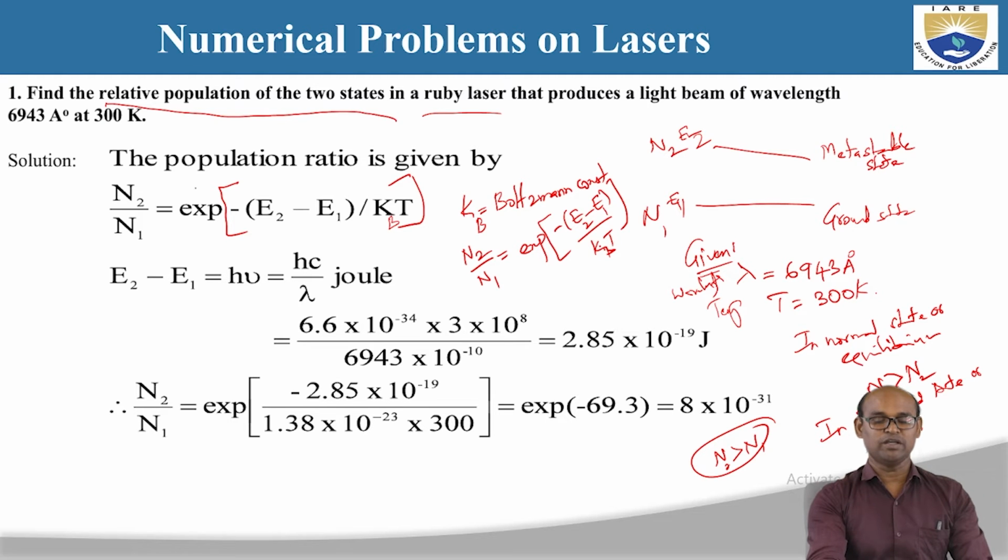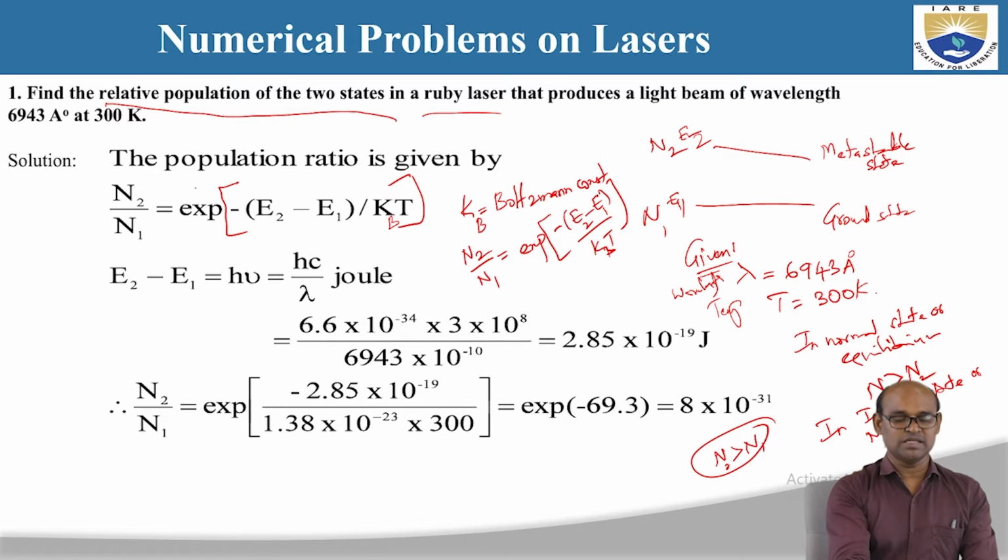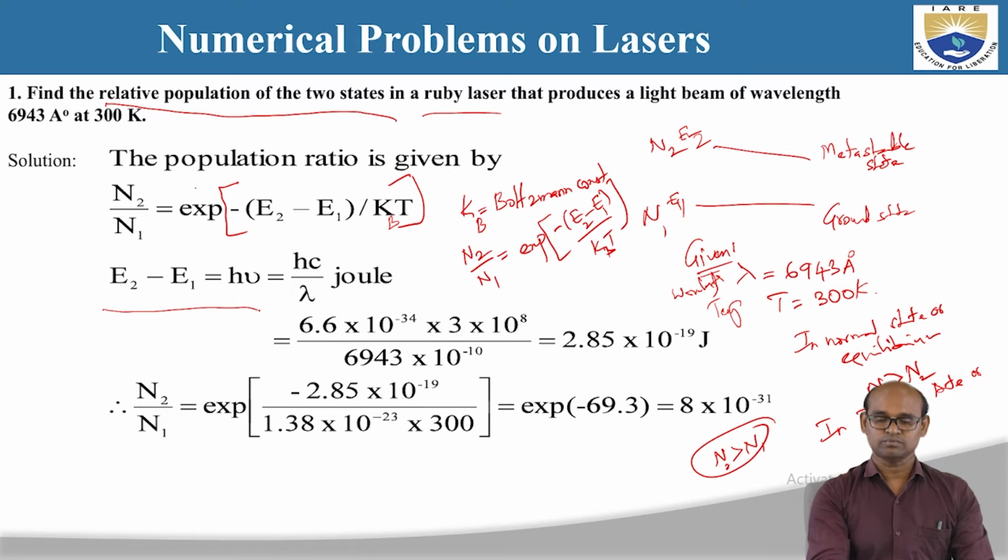If you know E1 and E2, you can calculate the difference E2 minus E1. The Boltzmann constant is a universal constant, and T is the temperature given, so we can calculate the population ratio. They have not given E1 and E2, but we need to calculate them using the formula E2 minus E1 is equal to h nu.